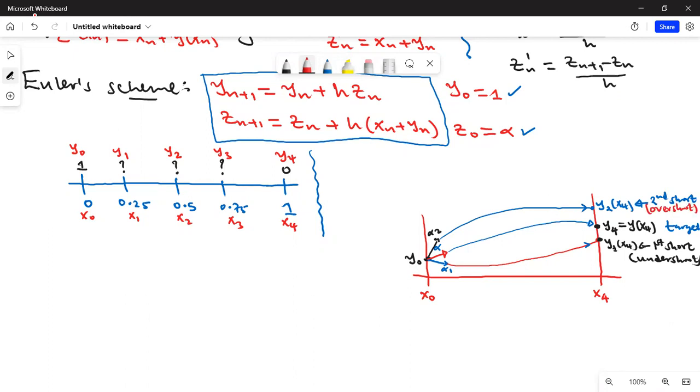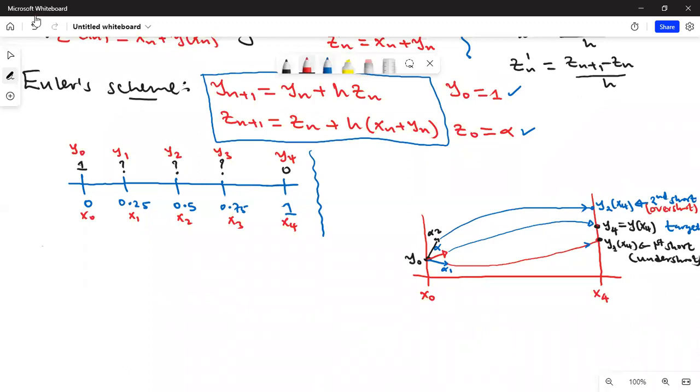So the question is, for what value of alpha will land us at the same point? That is the task that we need to find.